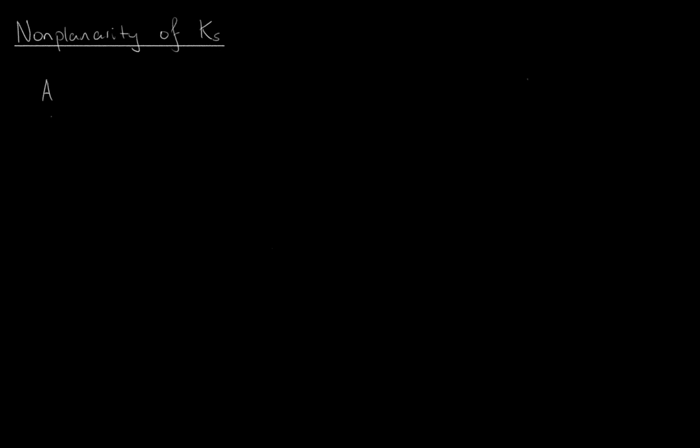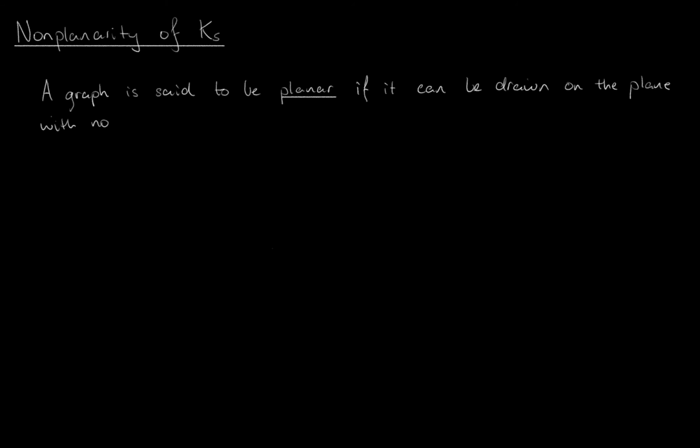So we say a graph is said to be planar if it can be drawn on the plane with no edge crossings.